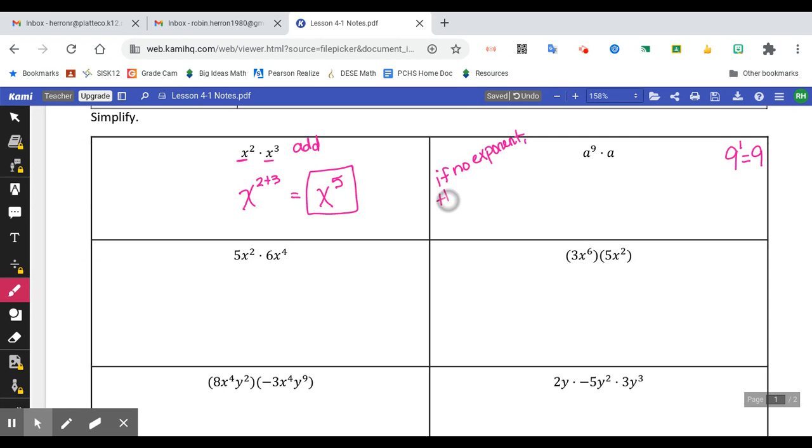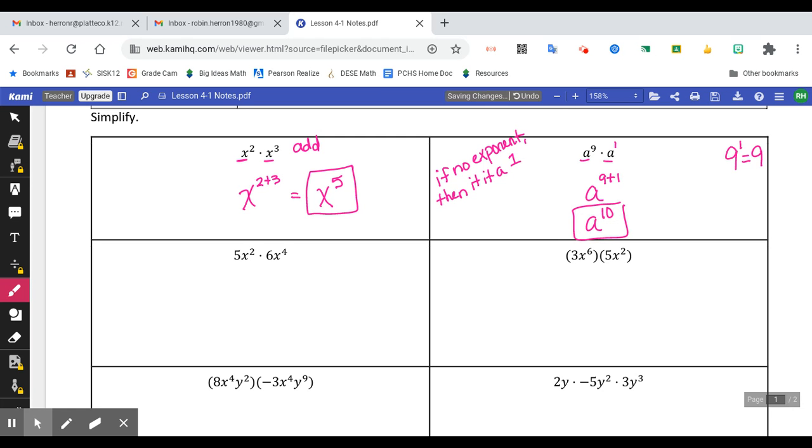So if no exponent, then it is a 1. This would be like a to the ninth times a to the first. Again, the a's are the same base, so we keep that base, and 9 plus 1 gives me a to the 10th, and that would be our final answer.